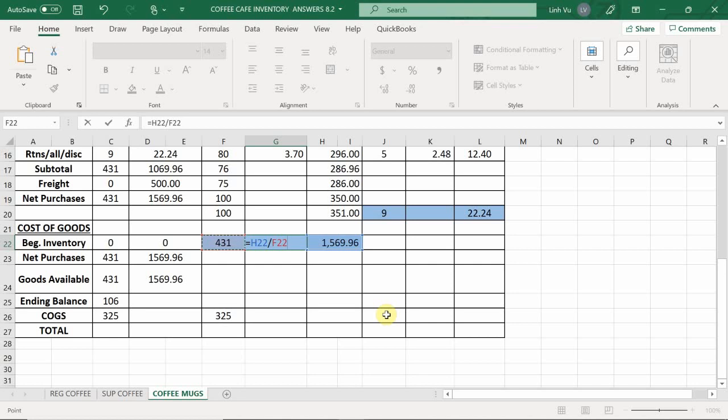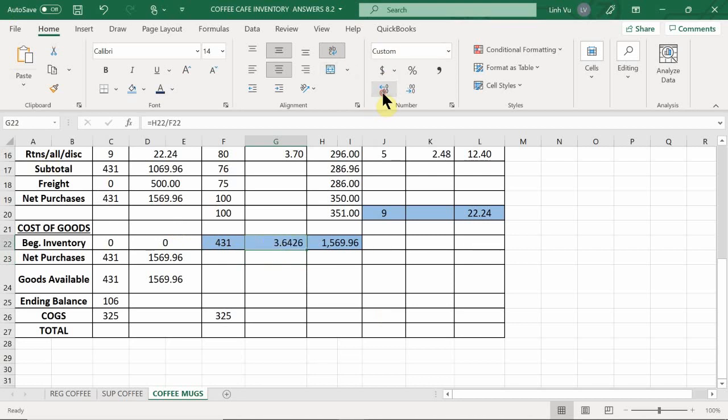So we have 1569.96 divided by 431, which gives 3.642.